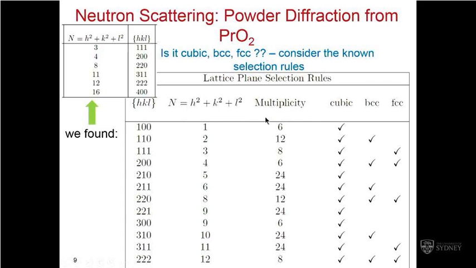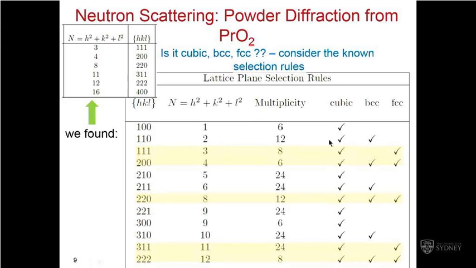But then we look at the Miller indices that we've got, and we can see that we have the 111, we've got the 200, 220, and the 311, and the 222 and the 400.